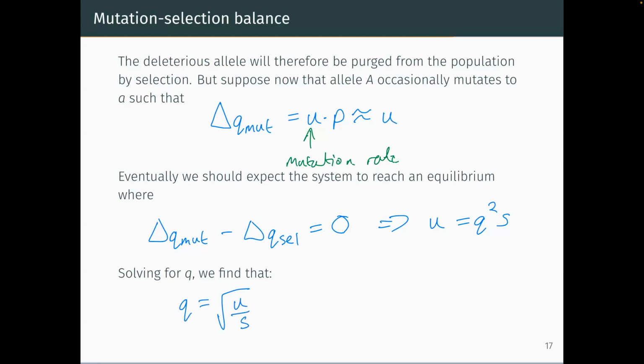We end up with Q is equal to the square root of U over S. U is our mutation rate and S is our selection coefficient. Just a reminder, Q cannot be negative. Okay, it's a pretty simple equation.